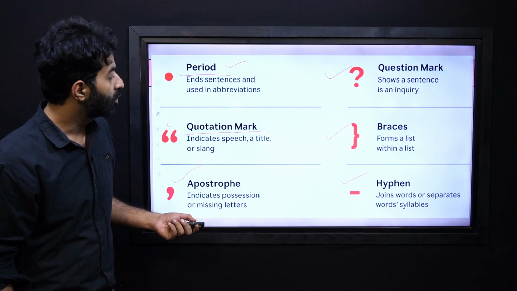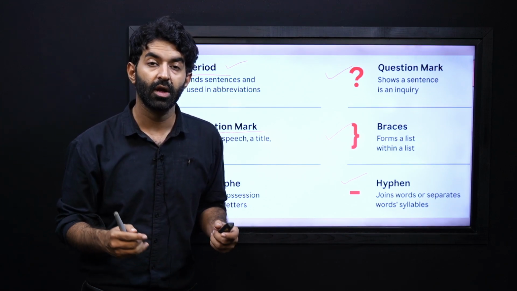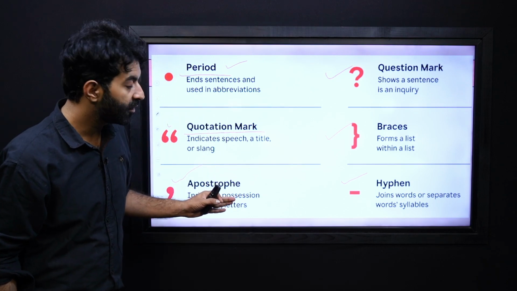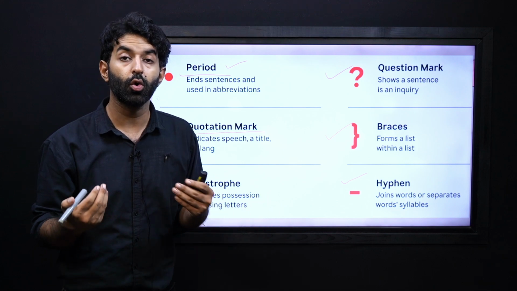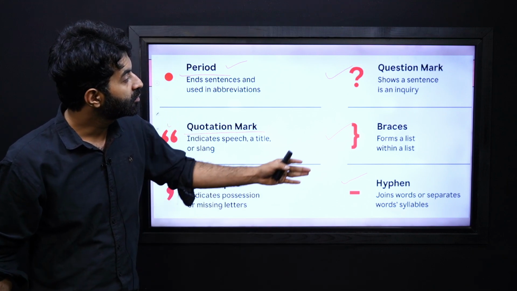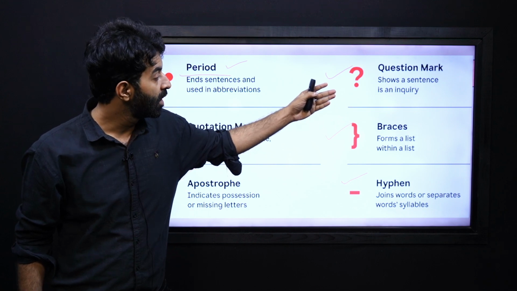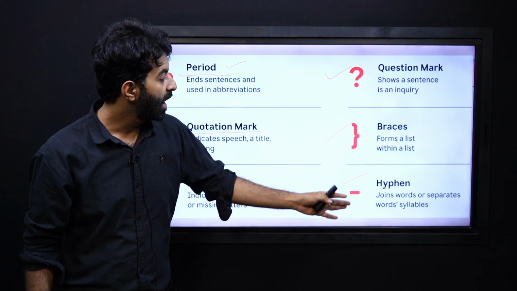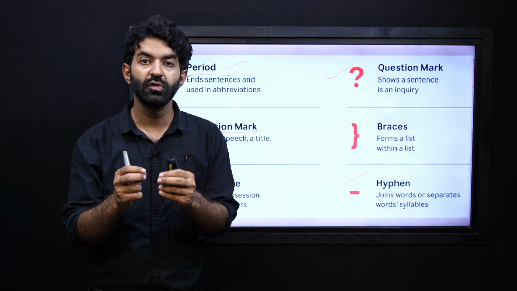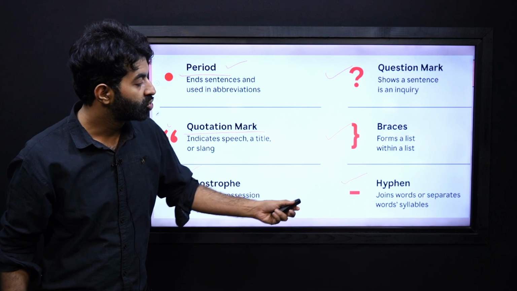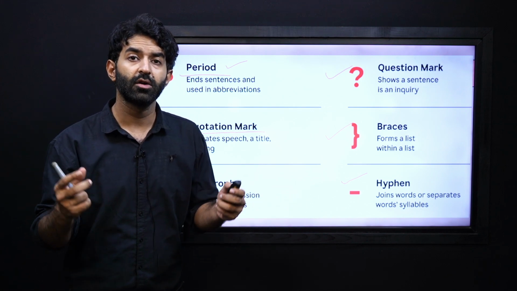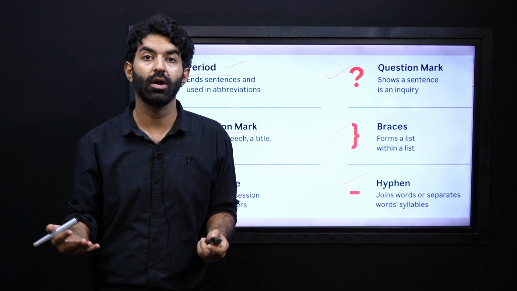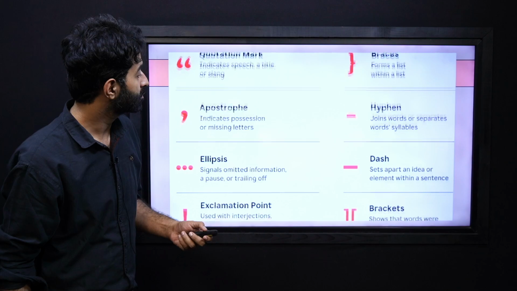We use quotation marks to quote someone else directly as they are saying it, and apostrophe is to show possession or ownership, and we use question marks for questions, braces for forming a list or additional information, and hyphen is used to separate things and join different syllables and join different words together, like a compound noun or compound adjectives.